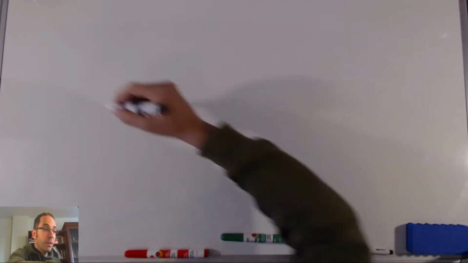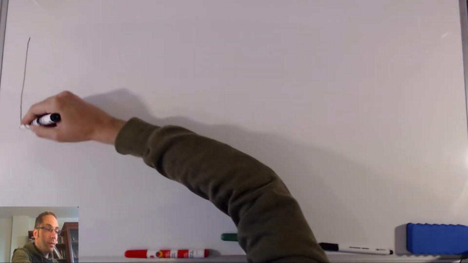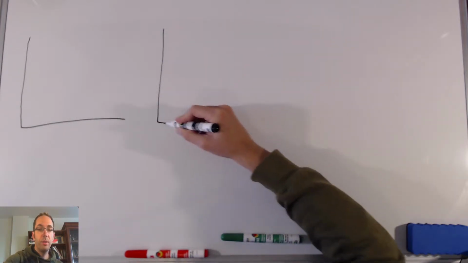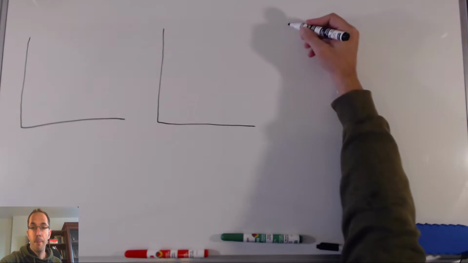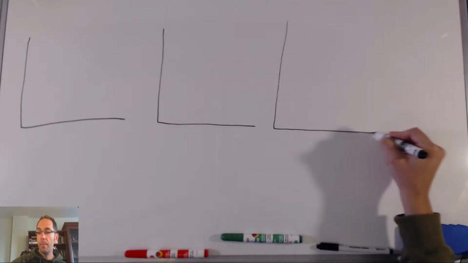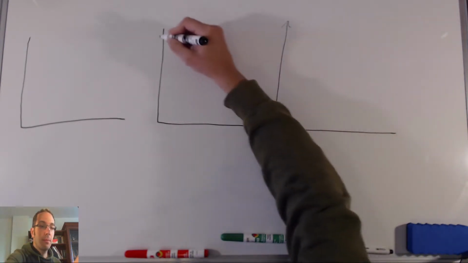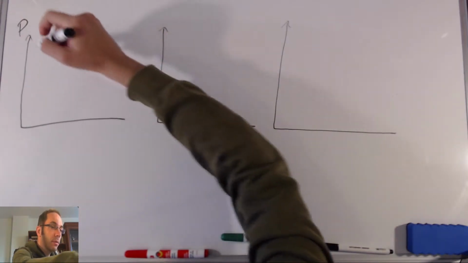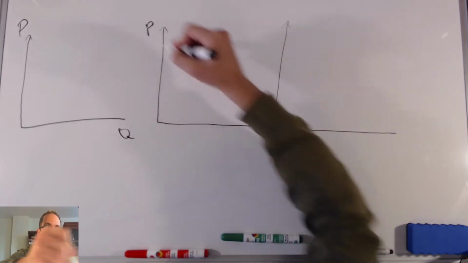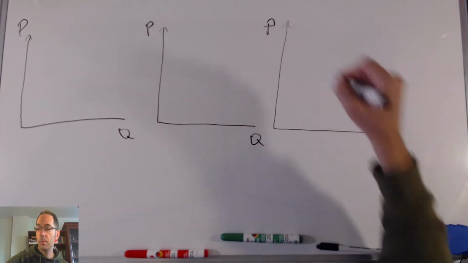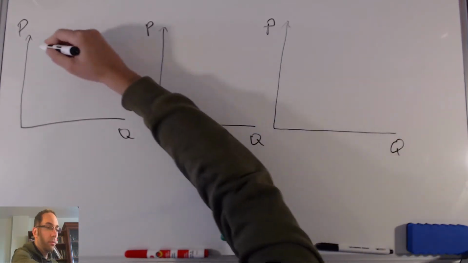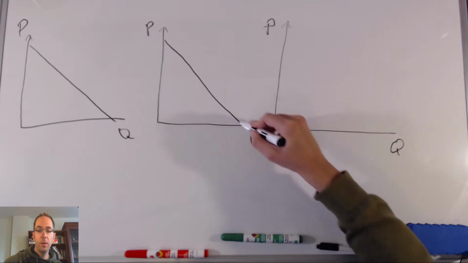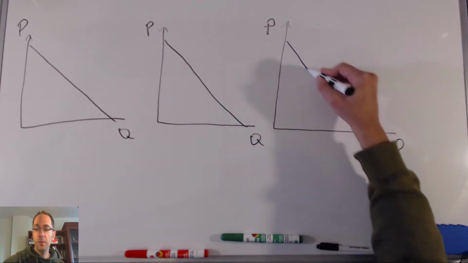I'm going to have 3 diagrams next to each other so that we can see the differences. This is price, quantity, price, and quantity. And what I'm trying to achieve here is to have identical looking demand curves.